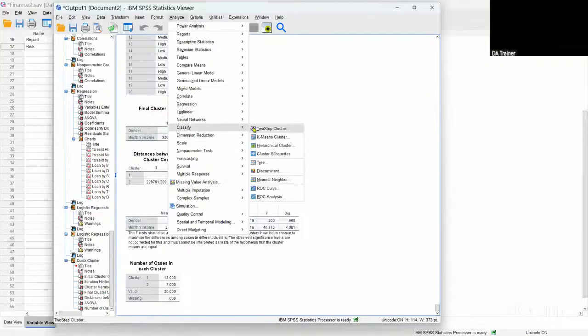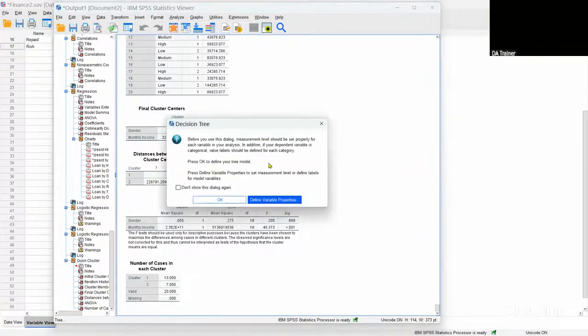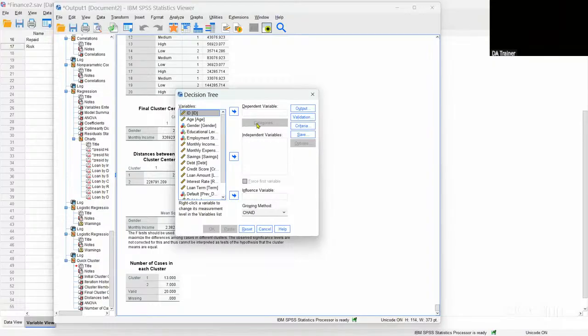This is still categorizing stuff. This is still under categorizing customers. So push your default to dependent.